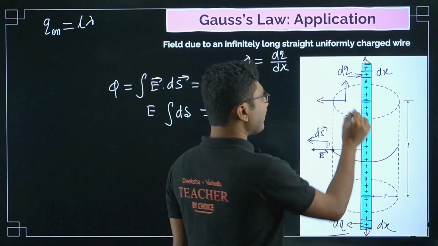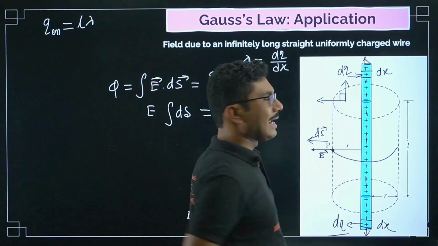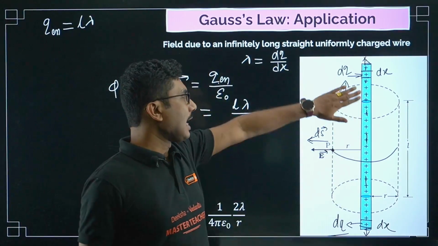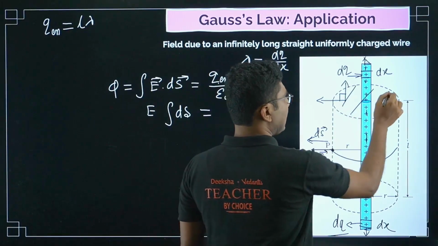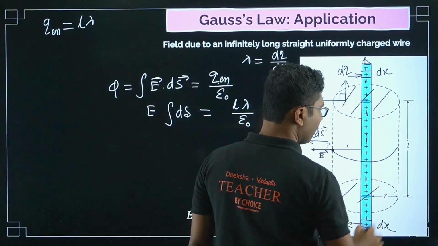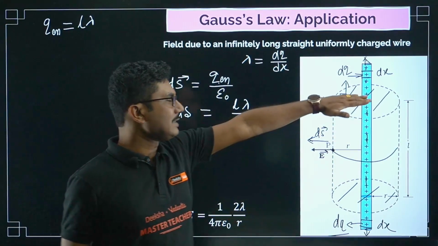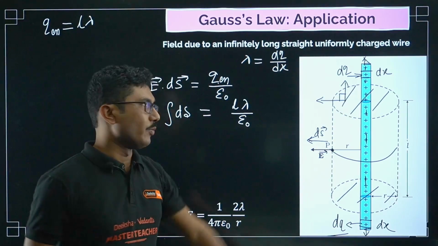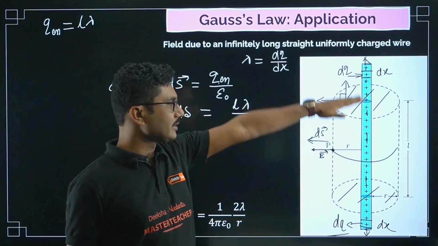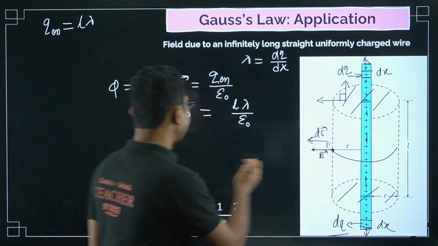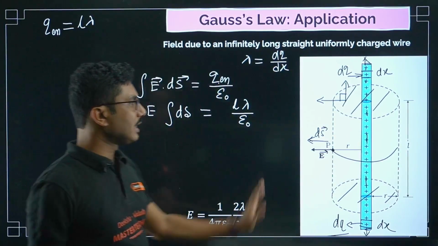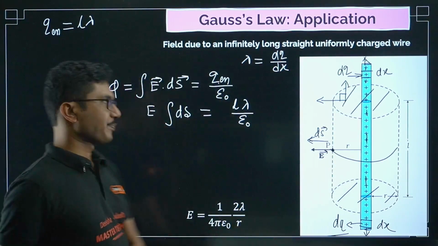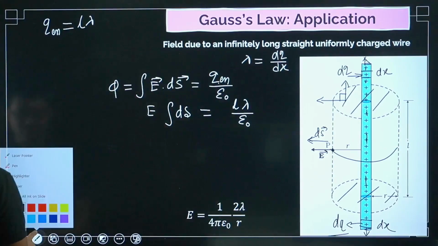So the angle between them is 90 degrees, which means on this surface and this surface E dot ds is 0. That means the electric flux through top and bottom will be 0. So no electric flux is passing through these. So the only surface area we have to consider is the curved surface area.